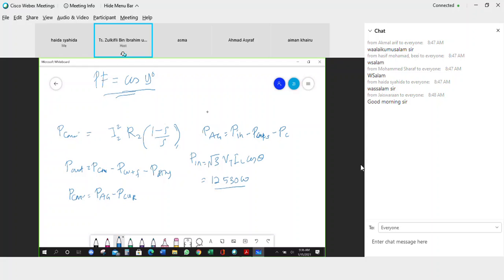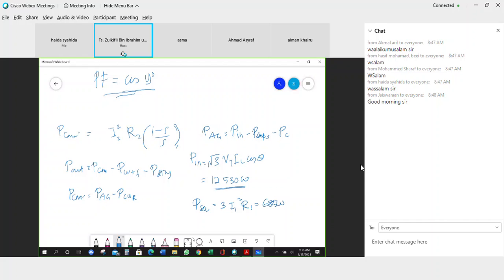Okay. And then the stator copper losses equals, since it is three-phase, I1 square R1. So here we get the current 18.88 square times R1, so you get 685 watt.